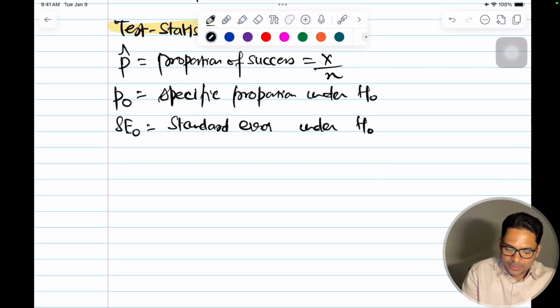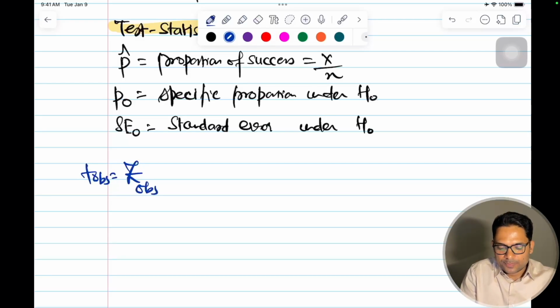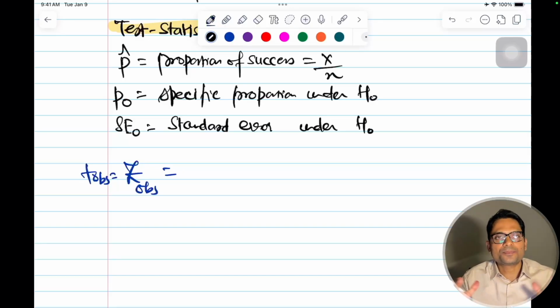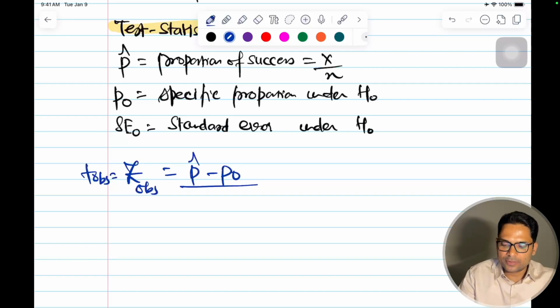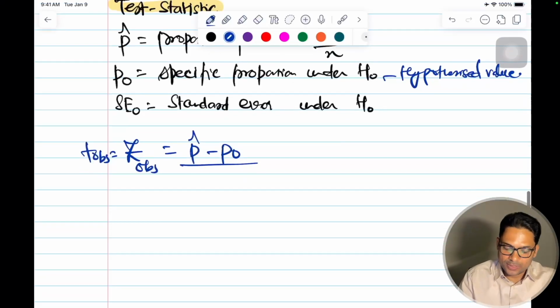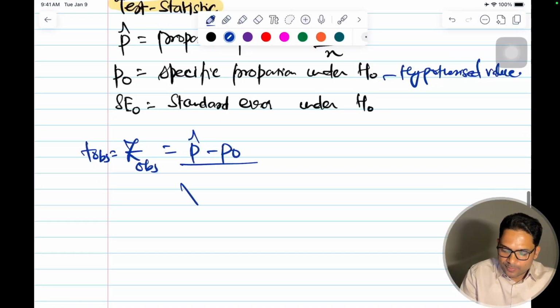So my z is defined as z observed, like t observed. This is the difference of the proportions: p hat minus p naught, the hypothesized value, divided by the standard error.